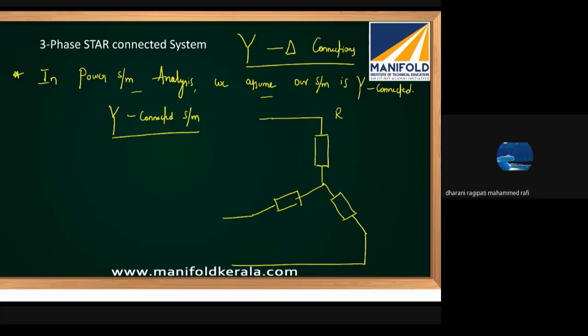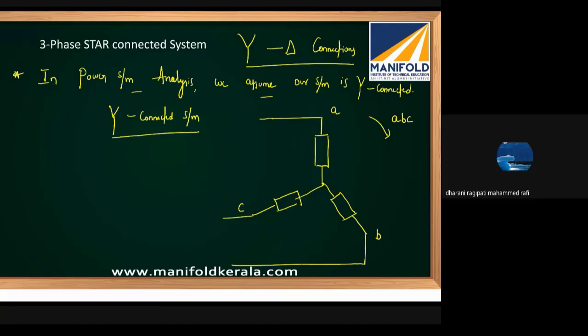This is R phase, Y phase and B phase, or otherwise we use a nomenclature of A phase, B phase and C phase. Always you have to go the phase sequence in clockwise direction. Clockwise direction is the direction in which we have to proceed to find out the phase sequence.